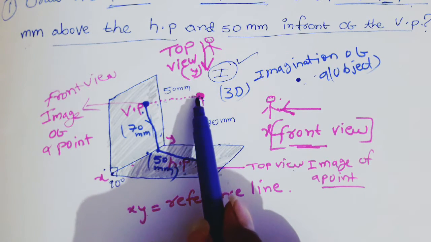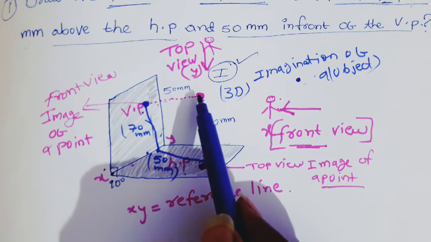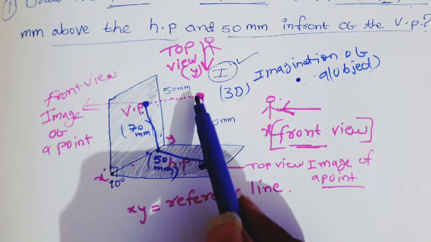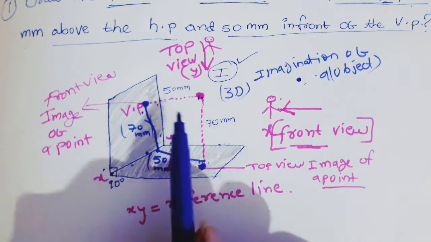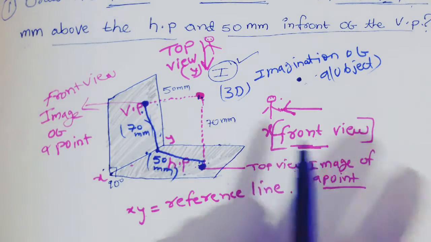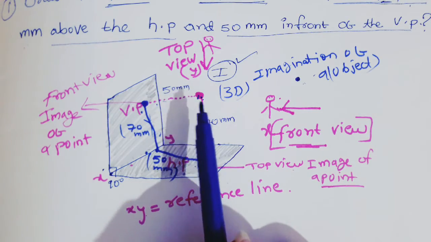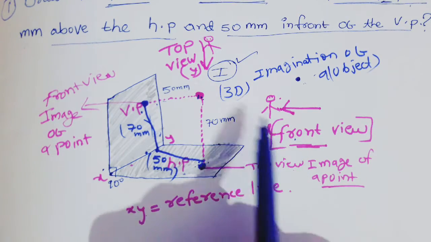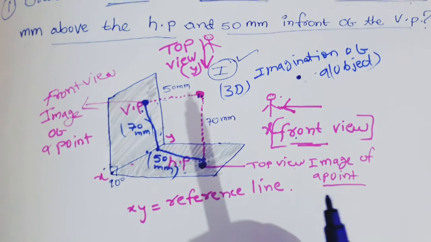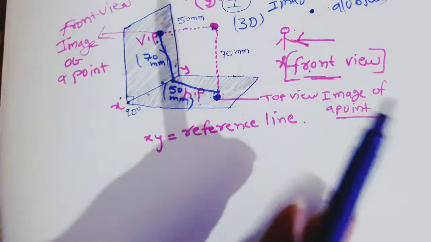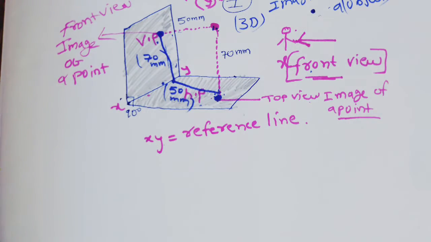In place of this point, you can imagine a ball, or a rectangle, or a prism, or a triangle, anything. But the visual imagination is the same. The visual imagination of the object in the first quadrant will be the same with respect to front view, top view, VP and HP. Now we are going to look at how to draw this imagination of a point in 2D.